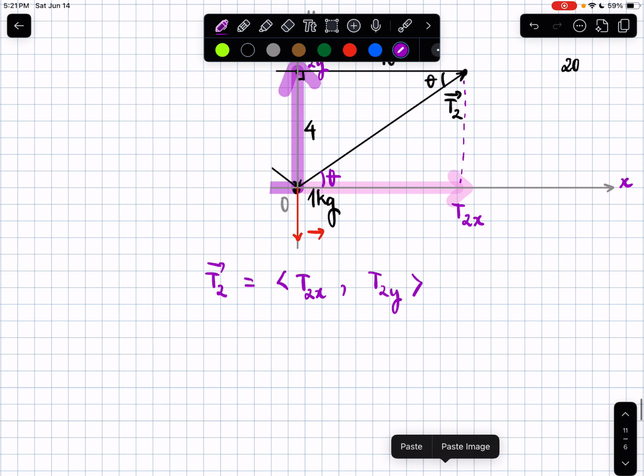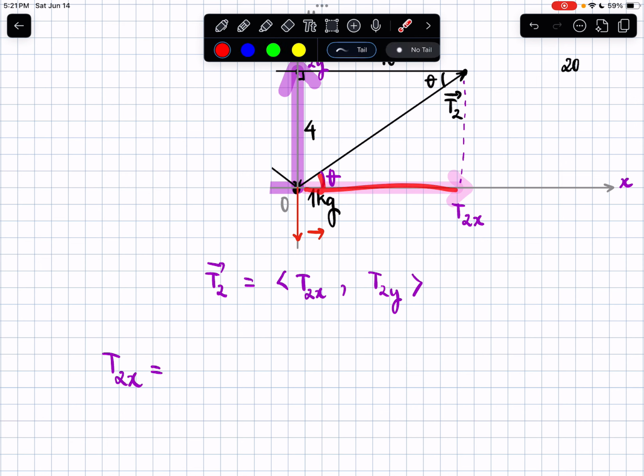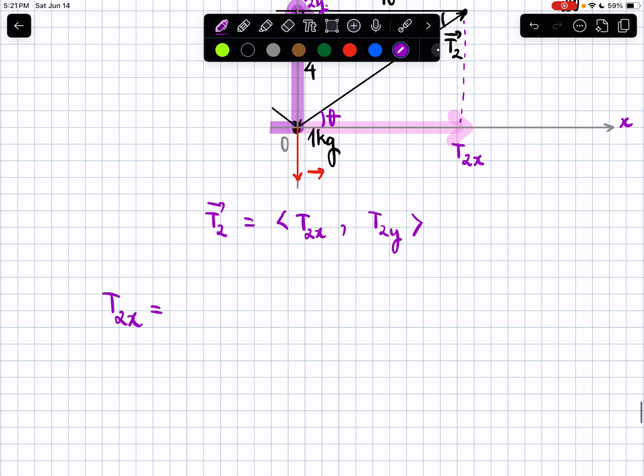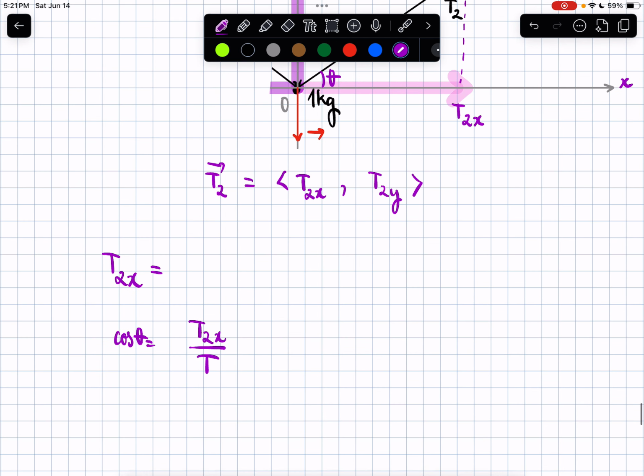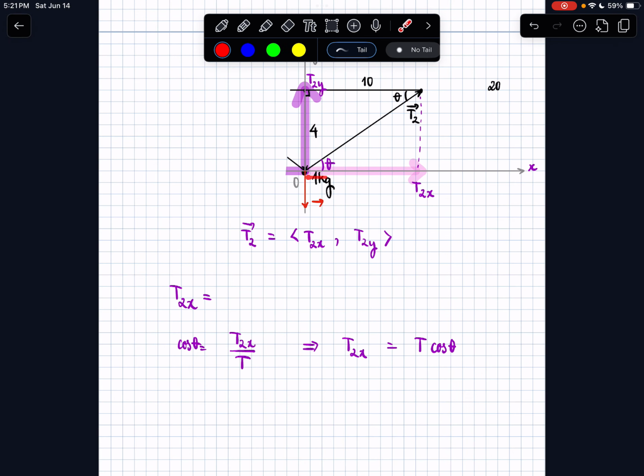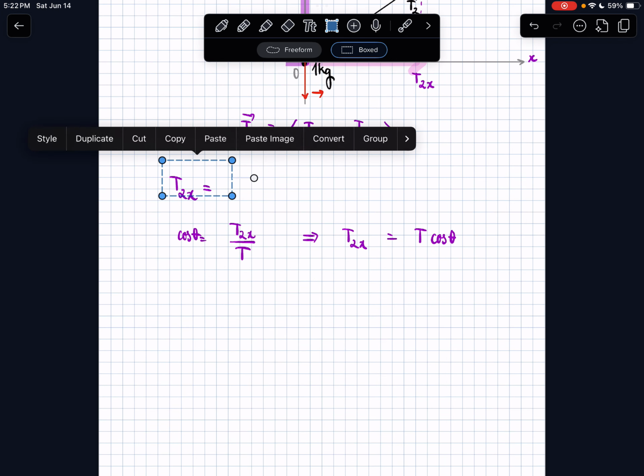Cosine theta is T2x divided by the magnitude T, so T2x is T cosine theta, toward the positive part of the x-axis.